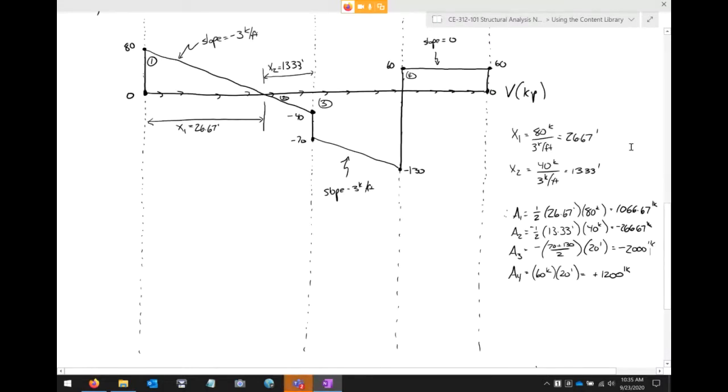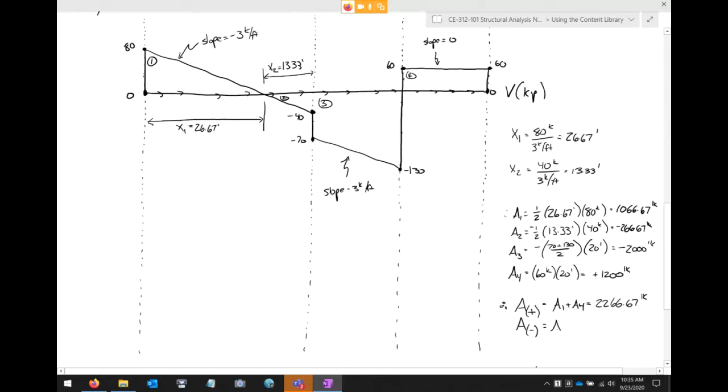Now, does anybody have any questions before we move on? While we're at it, let's do this. Somebody add up all the positive areas and add up all the negative areas. So adding up the positive areas, you get A1 and A4, and that's going to be 2266.67.